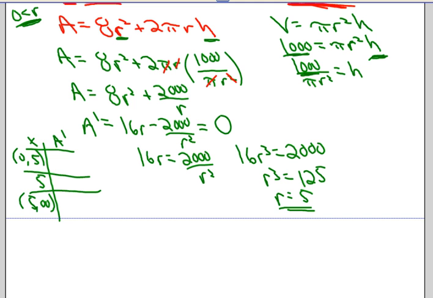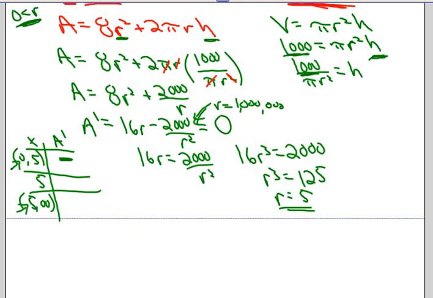I'll choose some value between 0 and 5. How about 1? I'll sub a 1 into my derivative, and I get 16 minus 2,000 divided by 1, which is negative. All right, how about bigger, from 5 to infinity? How about if I go with 1,000,000?